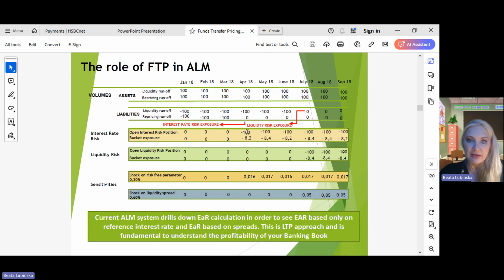So if you multiply this bucket exposure by 20 basis points, this is what you get. And you will see that when you sum those time buckets, you will get one number which is different for the liquidity, and you see that it's much higher for the interest rate risk component.